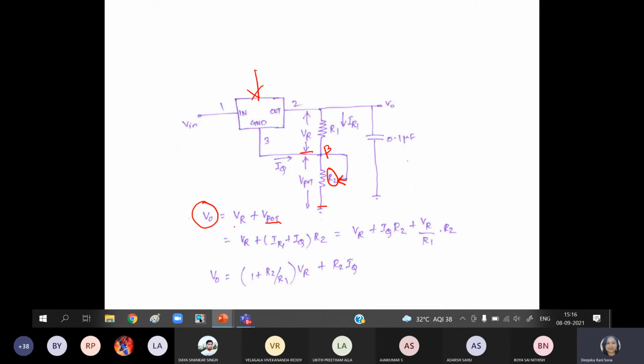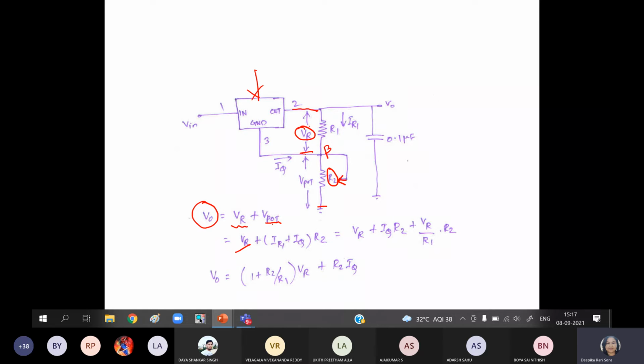Across R1 we are getting the reference voltage VR. If you remember the Zener diode voltage and the series pass transistor, altogether it will be similar. So that is the reference voltage and the potentiometer voltage.